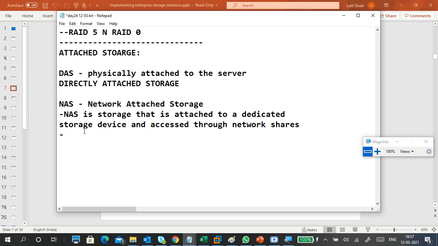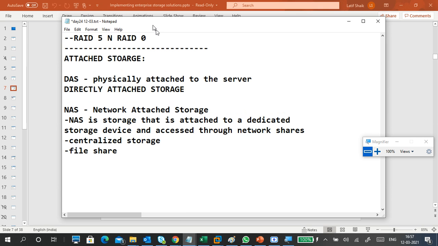Next, it is like file sharing only, and it is centralized storage. DAS is not centralized. It is inside a PC or a server, but NAS is centralized and we can access it through the network. We access it with file share protocols, so it is based on file sharing.